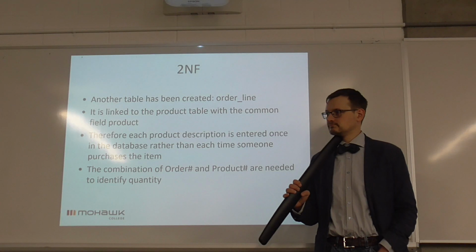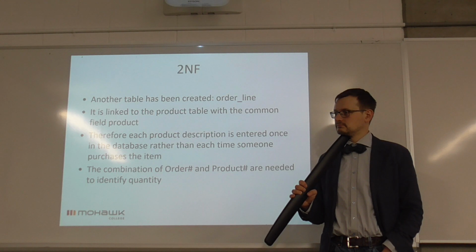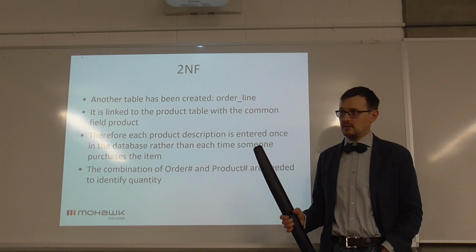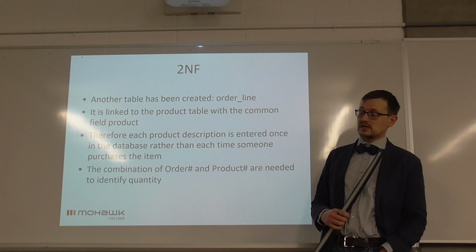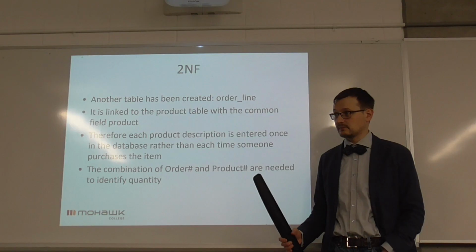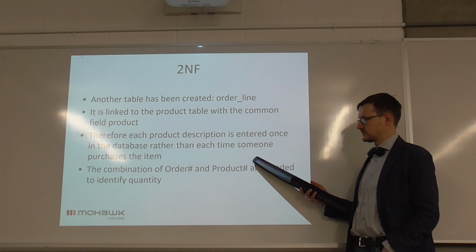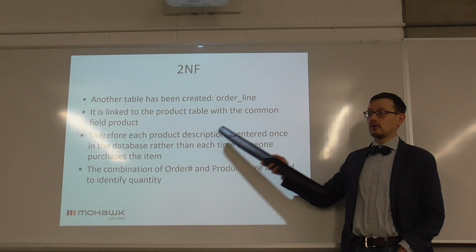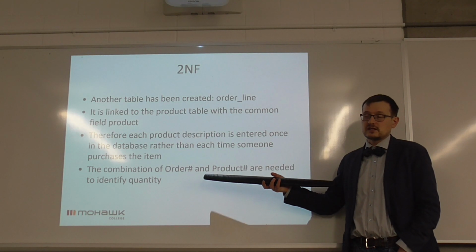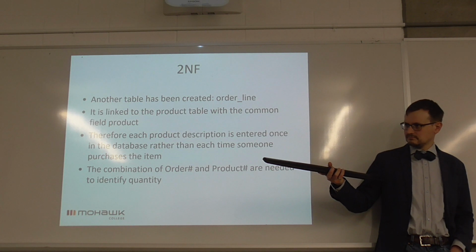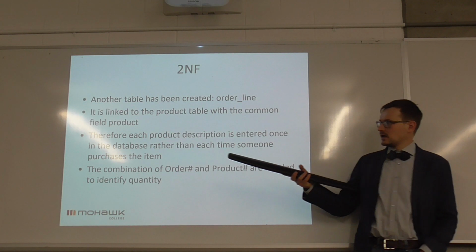Yes? Why isn't it linked to the product table using a join table sort of thing? So the join operation is what we use during a select query to view the data. What we're talking about here is the organization of the tables themselves. Unless we organize the tables this way, there's nothing to join over. Does that make sense? Can you say that last part again?